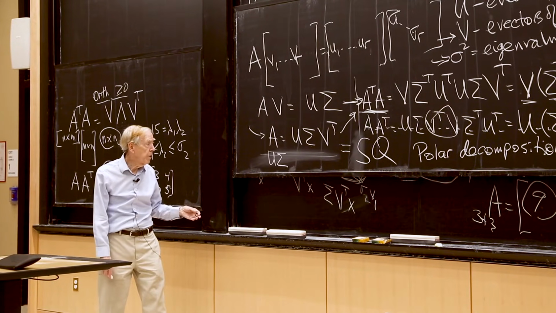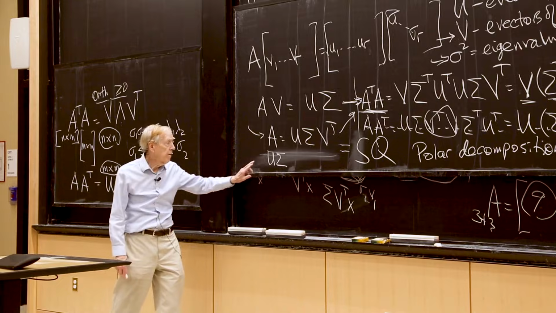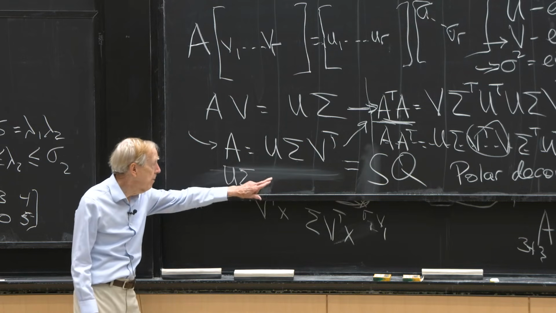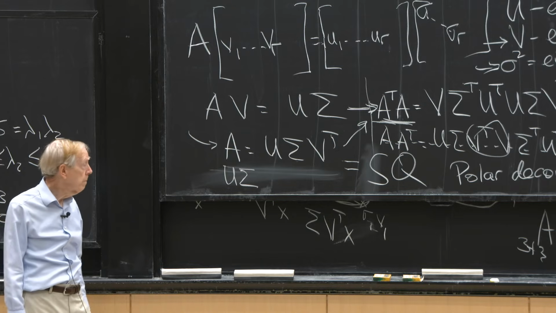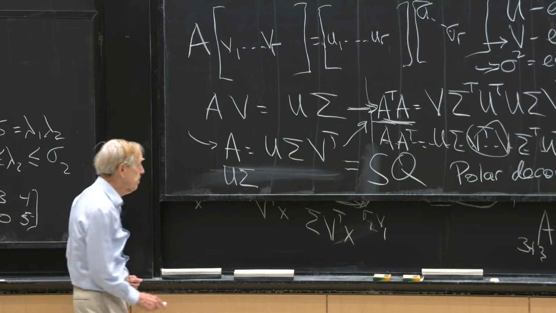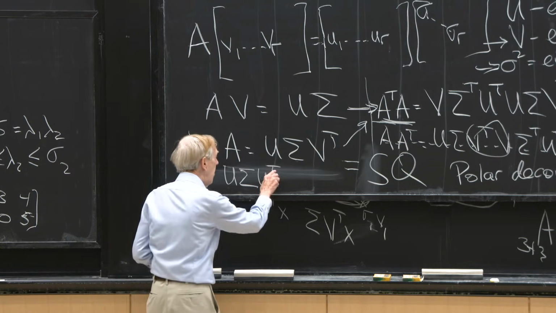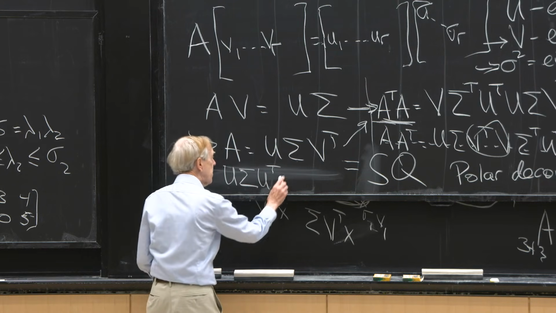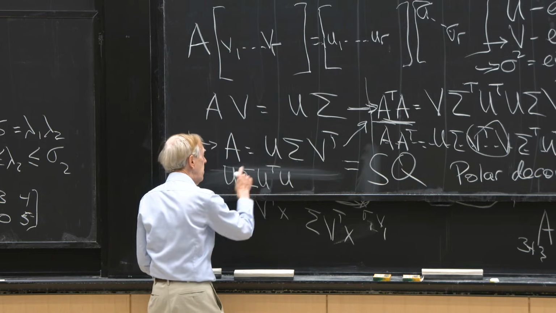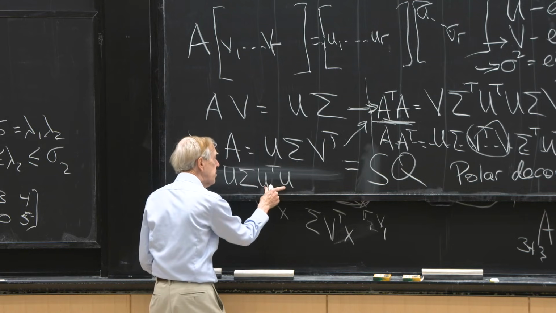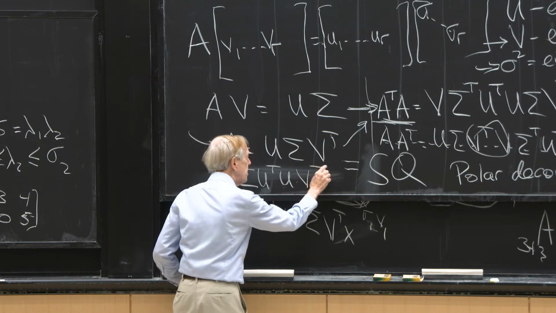If I've got U, sigma, something, and I want it to be symmetric, I should put in U transpose. But then if I put in U transpose, I've got to put in U. So now I've got U sigma U transpose, and U transpose U is the identity. Now I've got V transpose.